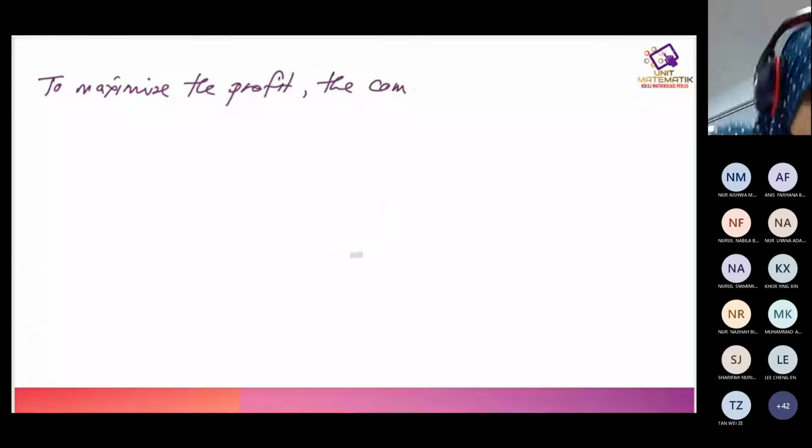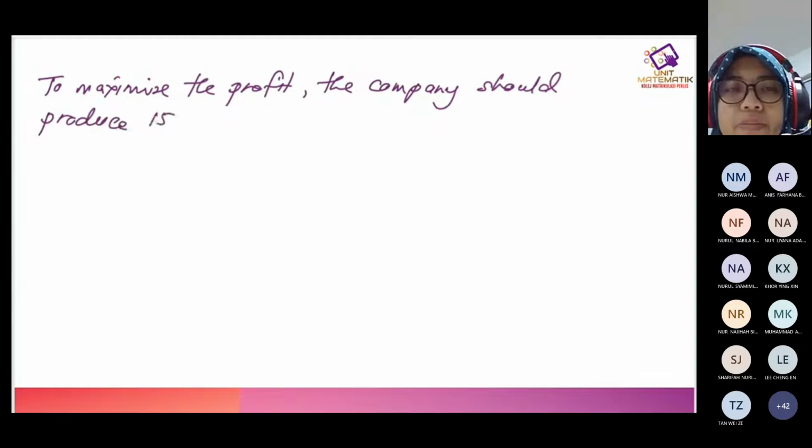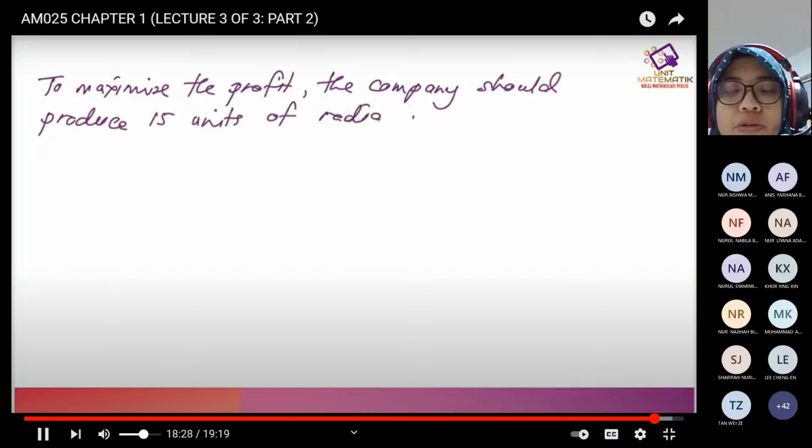So, for application questions, what must you do? You must write a conclusion. To maximize the profit, what is it? The company should produce 15 units of what? TV. Of radio. 15 units of radio.